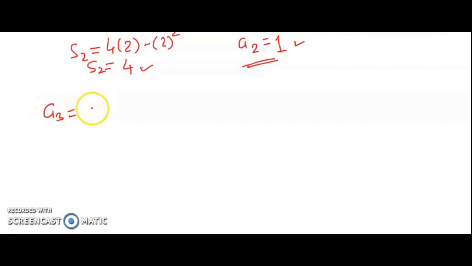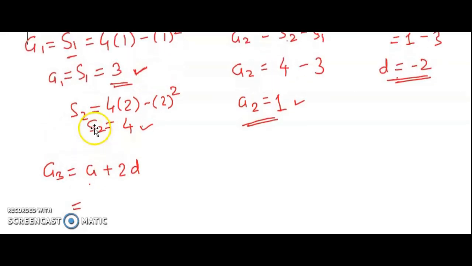Now if you want to find the third term of an AP, that is a3, the formula will be a plus 2d. Here a is the first term, which is 3, and the common difference is minus 2.